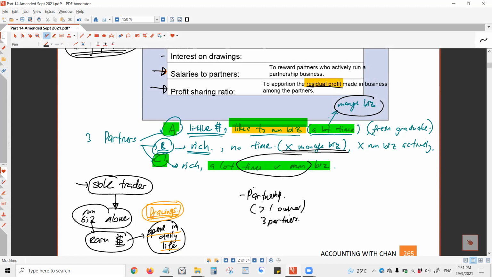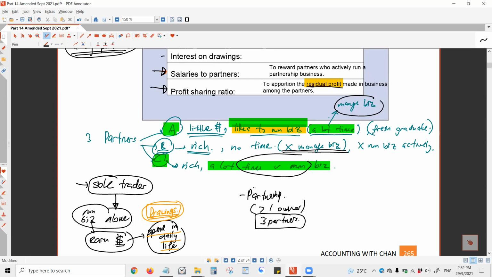Imagine if you allow all three partners to take however much drawings they want. For example, partner A today would like to take 5,000 drawings, then he takes and goes. And then partner B the next day would like to take 10,000 drawings, then once again, takes and goes back home. And then partner C a few days later wants to take 50,000 drawings. Since there's no restriction, partner C just takes and goes.